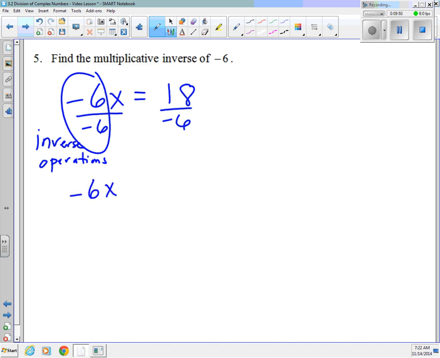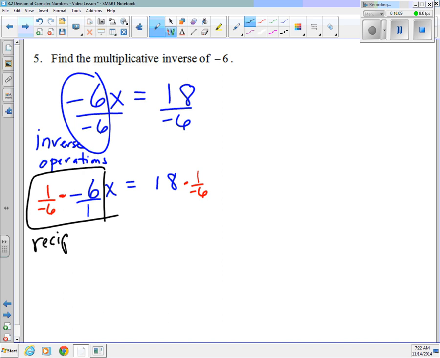If I have negative 6x equals 18, I could multiply by 1 over negative 6. So I could take negative 6, which is really negative 6 over 1, and multiply by 1 over negative 6. These are called reciprocals, I hope we know.